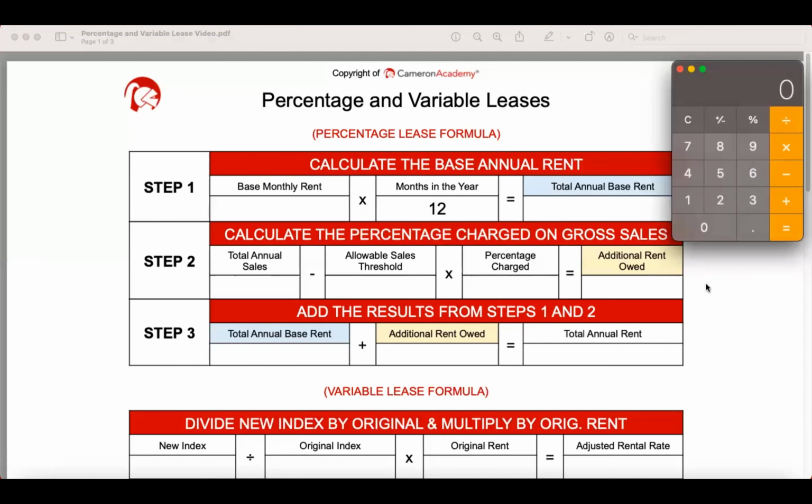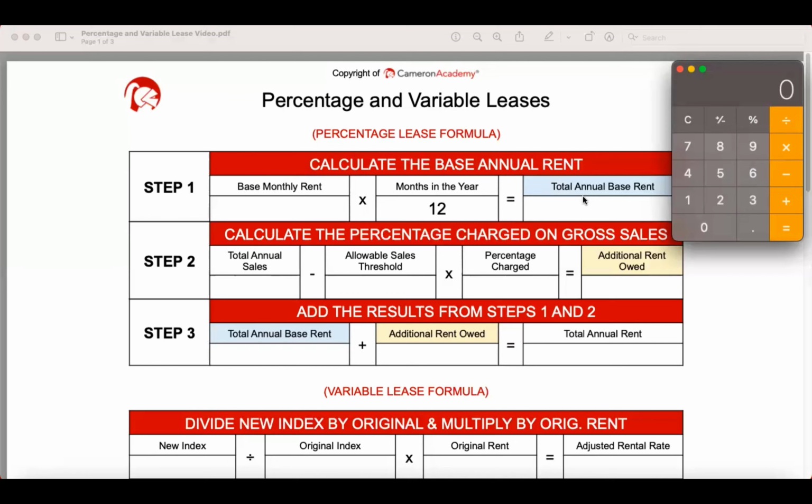There are 3 basic steps to solving this type of problem, and let's go through each one of these steps together so you can better understand. Step number 1, calculate the base rent. What's interesting about this is they want you to calculate a base rent for the entire year. For exam purposes, this is how you're going to be tested. However, in real life, they're not going to wait the entire year to get the additional income that's made off of you operating on their property.